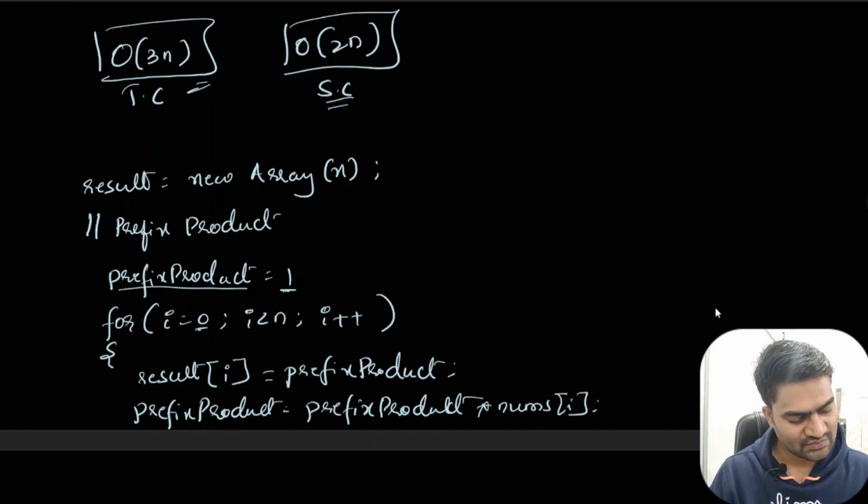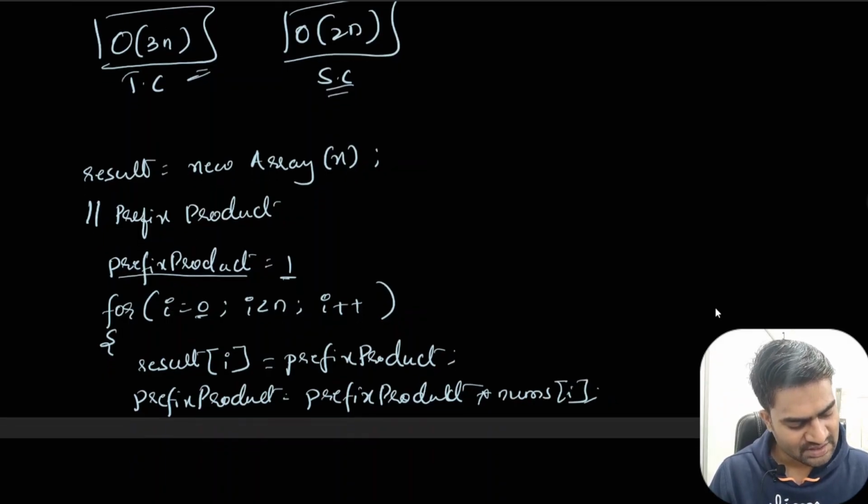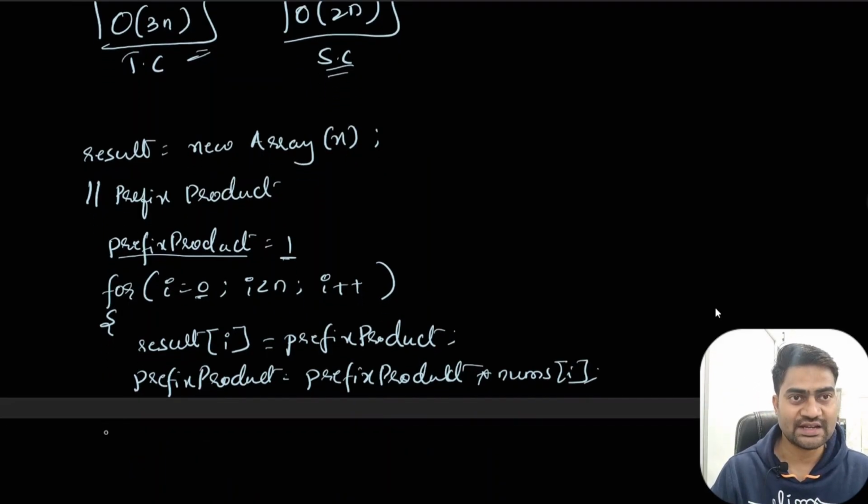With this, our prefix product gets updated, and in the next iteration when we put the value at result of i, the current prefix product which is relevant to the i plus 1th index will be added here. So this way we will put the prefix product.